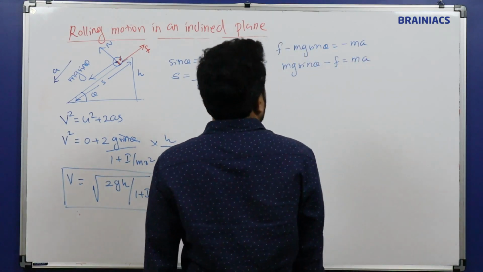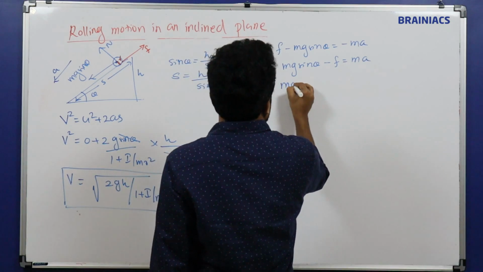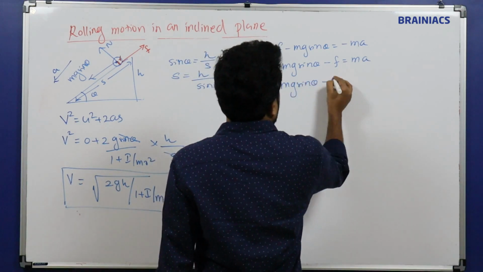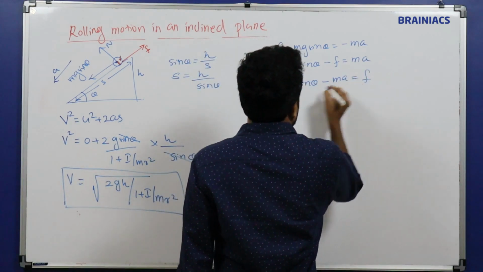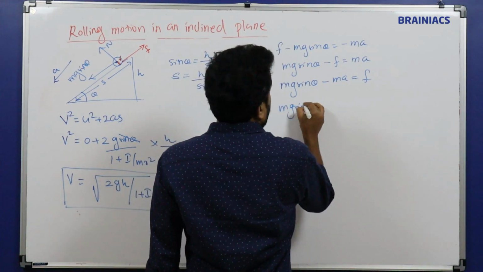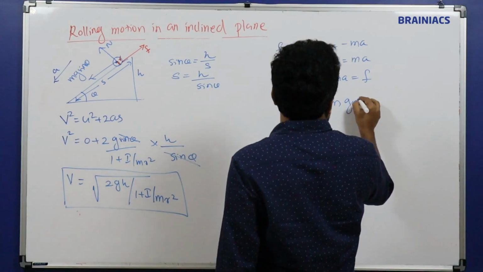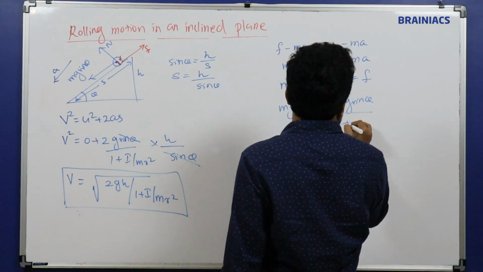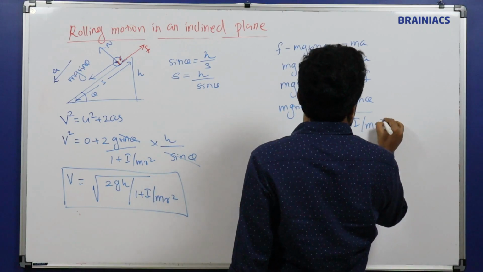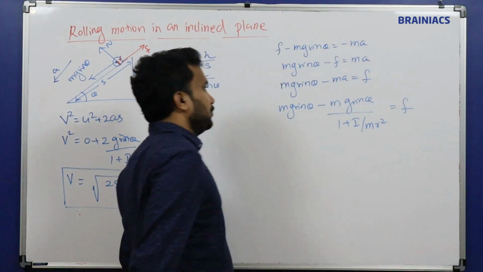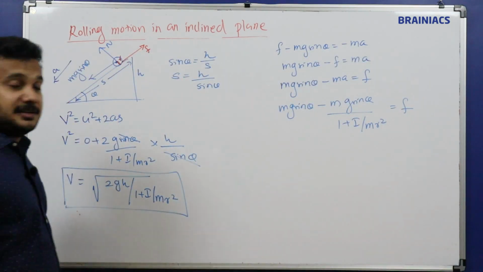We already got this, we want to find out the frictional force. So mg sin theta minus ma is equal to frictional force. So mg sin theta minus m into what is a? a is g sin theta whole divided by 1 plus I by mr square, is equal to the frictional force. Mg sin theta is common, right?